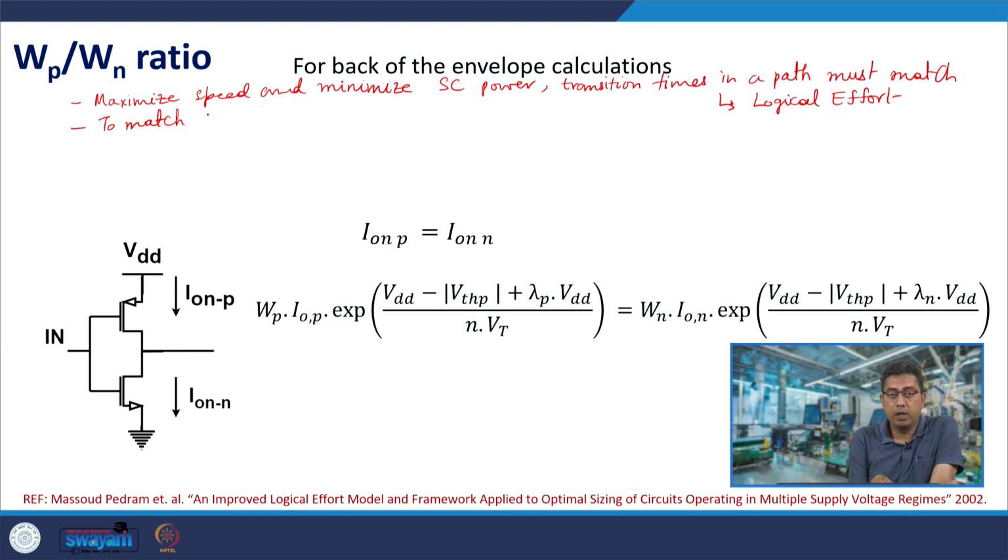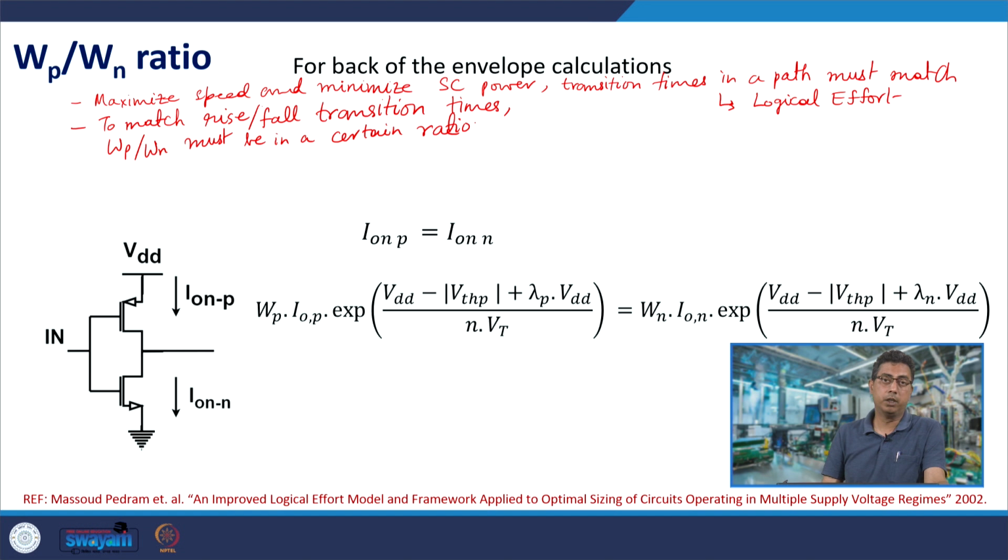To match rise and fall transition times, the widths of P MOSFET and N MOSFET must be in a certain ratio. This is important. The ratio of these P MOSFET and N MOSFET widths in the super threshold voltage regime, that is nominal voltage regime, you may find that you have a certain ratio which fulfills the desired transition time ratio.